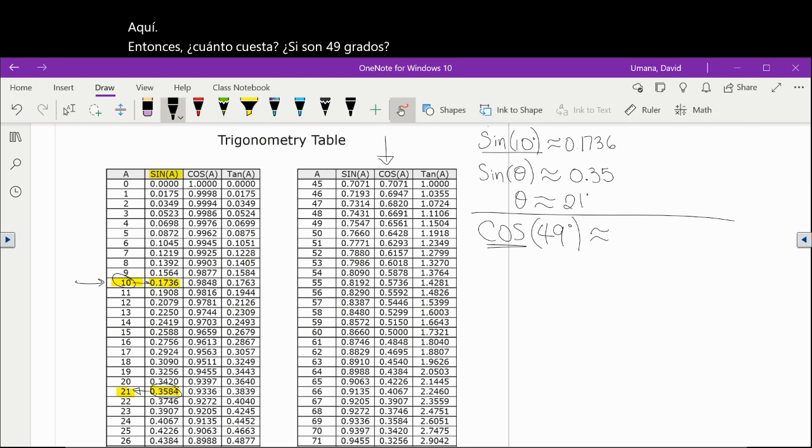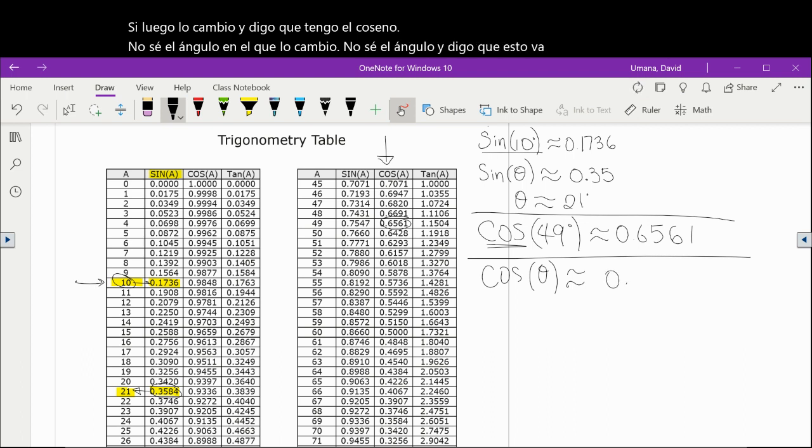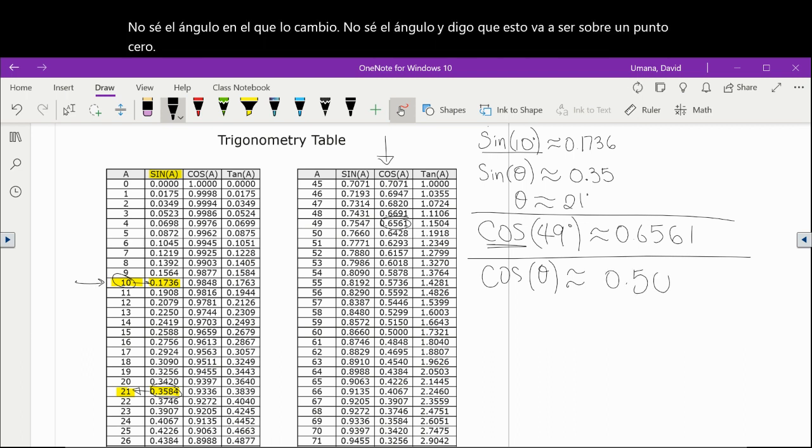Anybody see it? Yep. So I see it right here. And so I say 0.6561. If I then change it and I say that I have the cosine, I don't know the angle, and I say that this is going to be about 0.50.